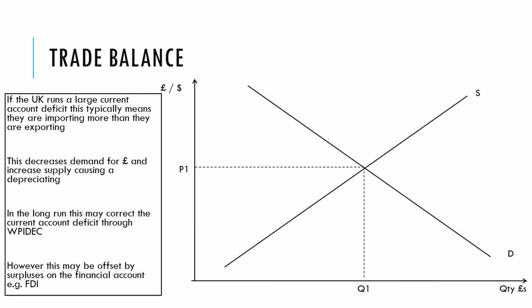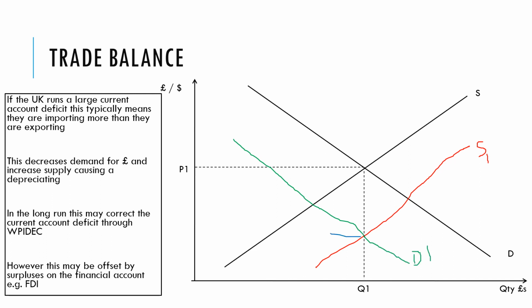If the UK were to run a large trade deficit with the USA, then what would we expect to happen? Well, the UK are going to be buying a lot from the USA, so we need to sell our pounds to exchange them for dollars. Also, the Americans are not buying many of our imports, so there's not going to be much demand for pounds.